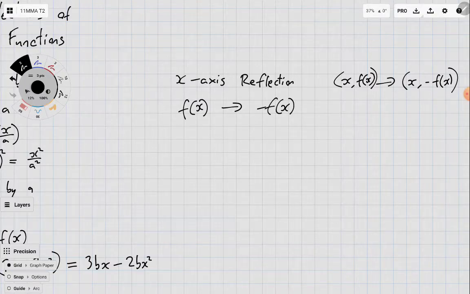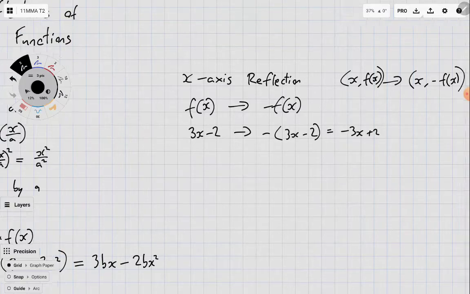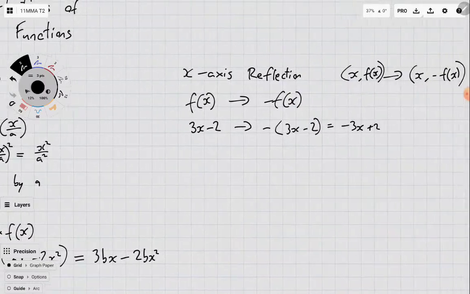For an example, if you have 3x minus 2 and you want to reflect it, you just get minus the bracket 3x minus 2. The whole thing should become negative 3x plus 2. If you want to try any of these reflections, you're more than welcome to chuck these different ones onto Desmos and see how they work.